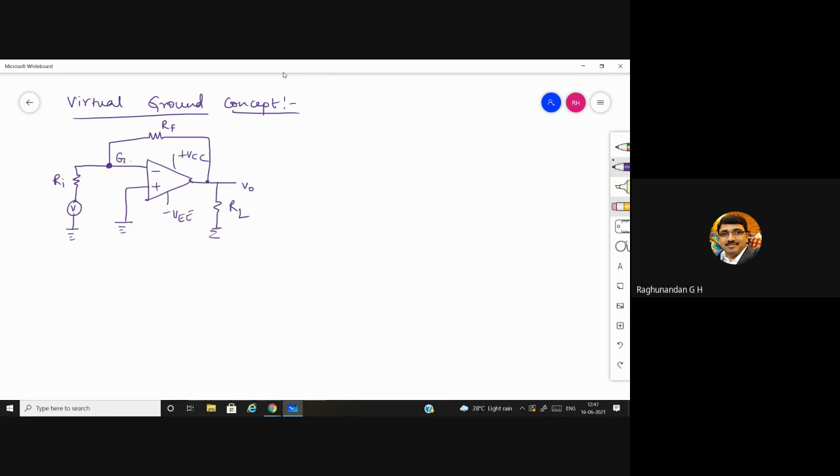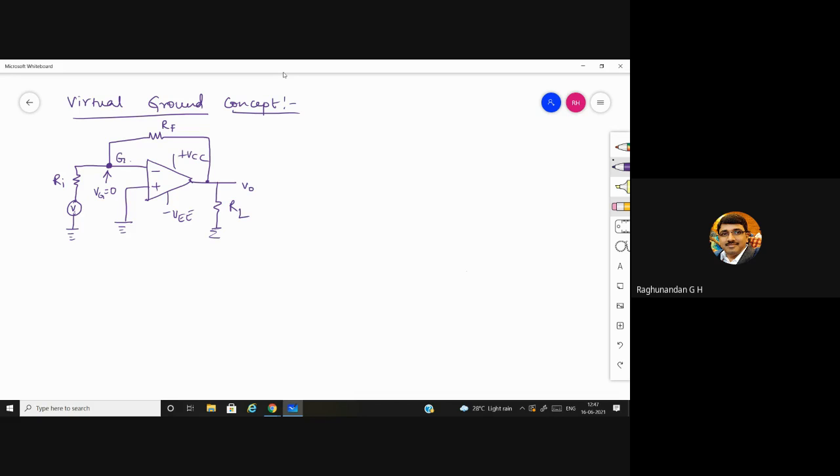So if you measure the voltage across this node, it will just show it as 0. Even though you have connected it to the voltage source, the node which is present here will be showing the voltage as 0, because this node is entirely dependent upon the non-inverting terminal.